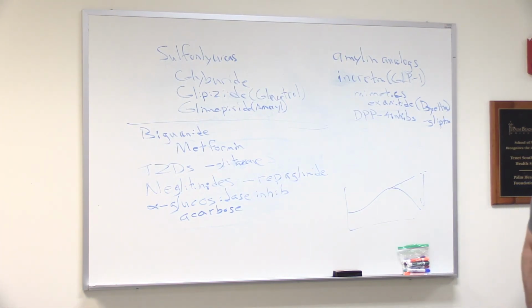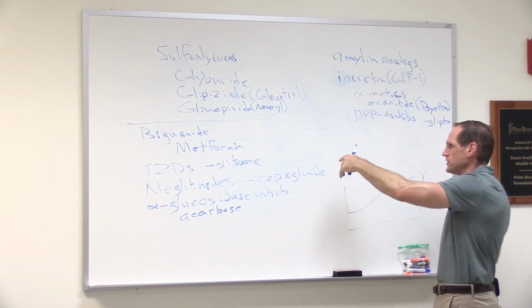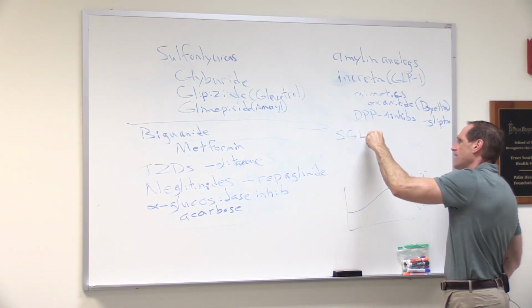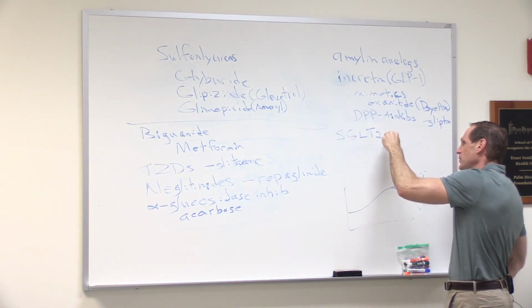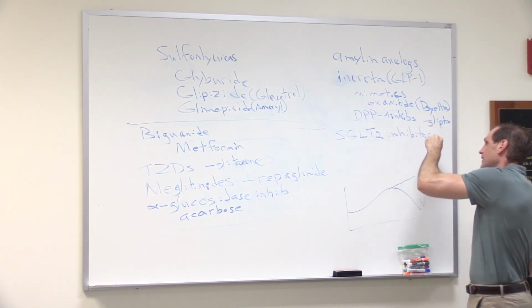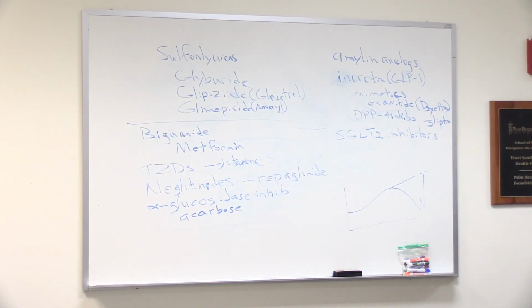So, sitagliptin. And then we have our newest drug class, which is SGLT2 inhibitors. Now, what happens to blood sugar in your kidney? It's taken in and stored.